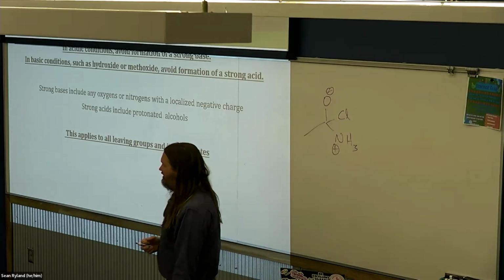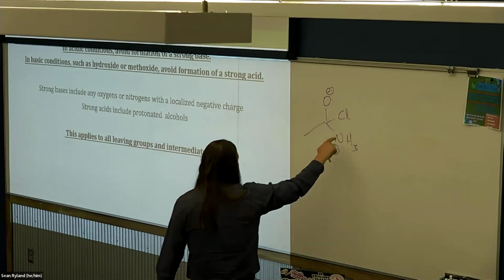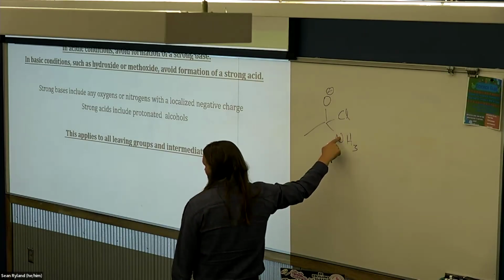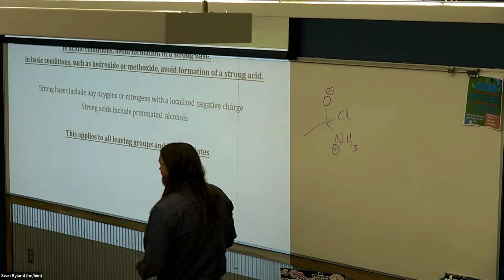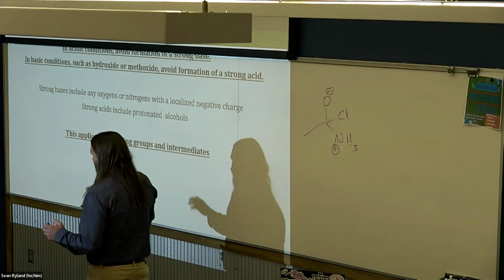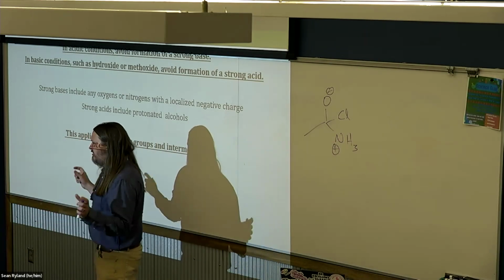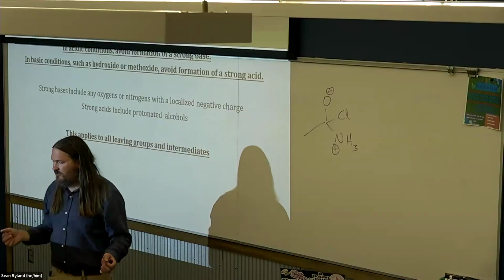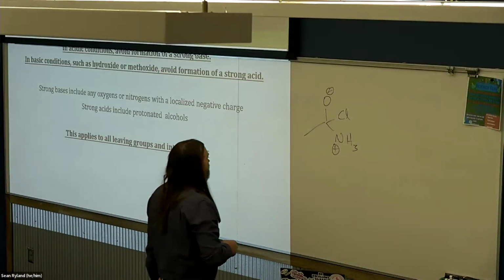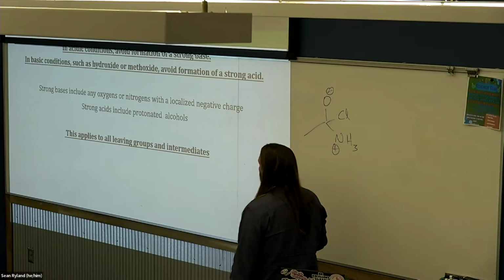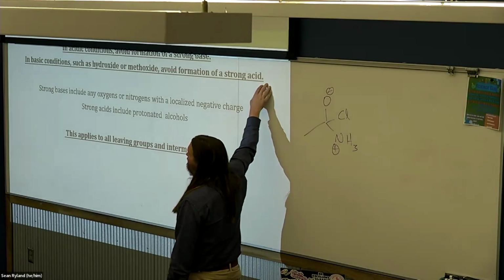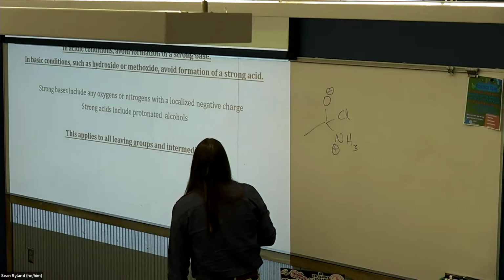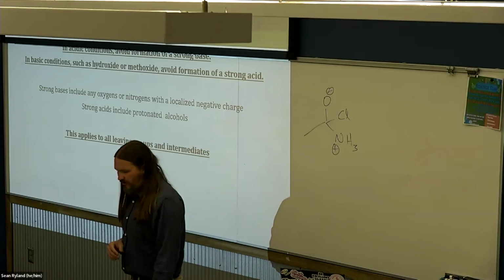That's a possibility even under basic conditions because this isn't a strong acid. But just to have good habits and to give ourselves a really good general rule, think about the charges. If there's any possible way to avoid a positive charge under basic conditions, do it. If there's any possible way to avoid a negative charge under acidic conditions, do it.